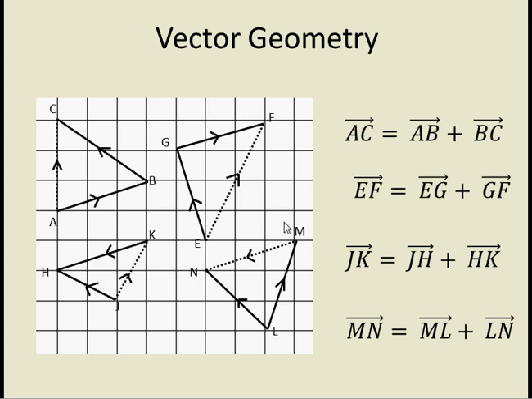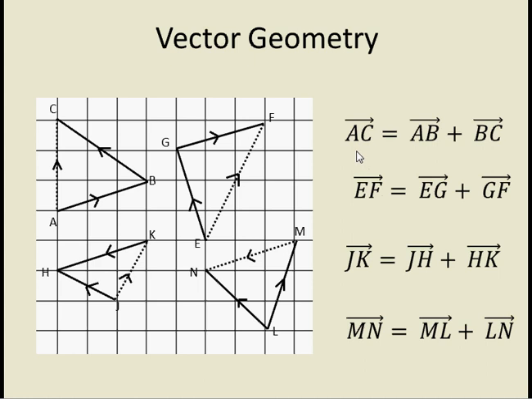The other important thing to notice about vector geometry is that vector AC starts at A and finishes at C. That's the same as AB plus BC. Because if you start at A and finish at C, you can get that directly along AC, or you can take 2 steps to go from A to B and then B to C. So this always works.